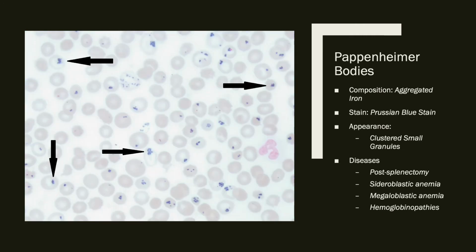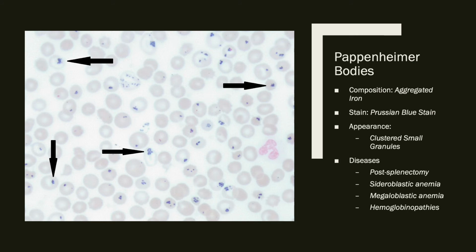With the third inclusion, this is the Pappenheimer bodies. These are made up of aggregated iron. So these are visible using a Prussian blue stain, not our standard stain. With these ones, they are typically a bunch of little inclusions hanging out together. They also are kind of bluish purple on this stain.